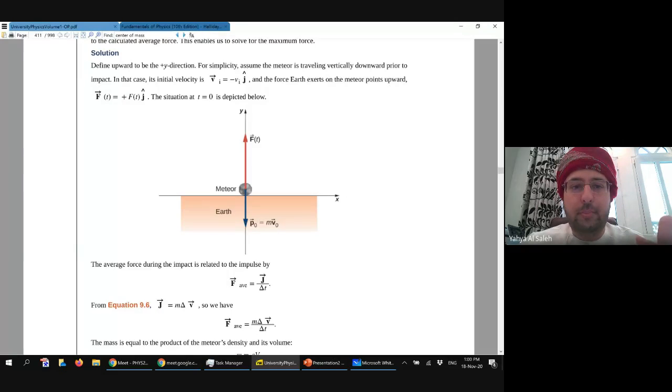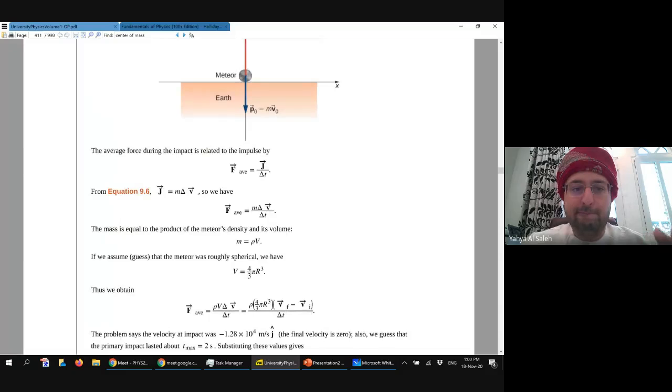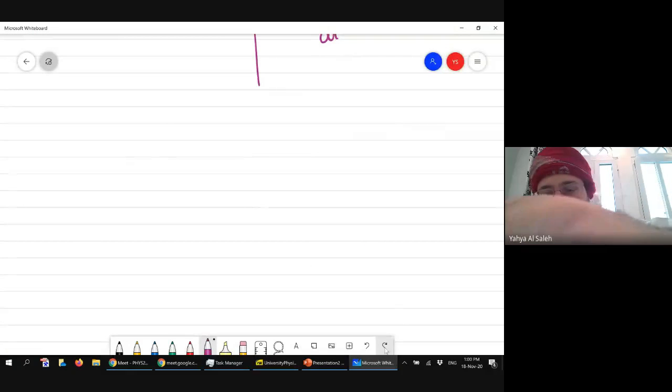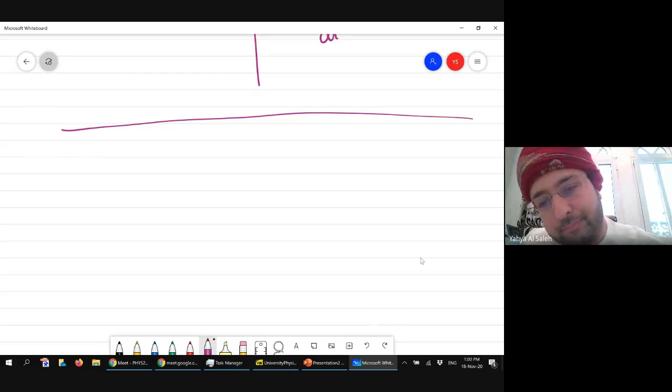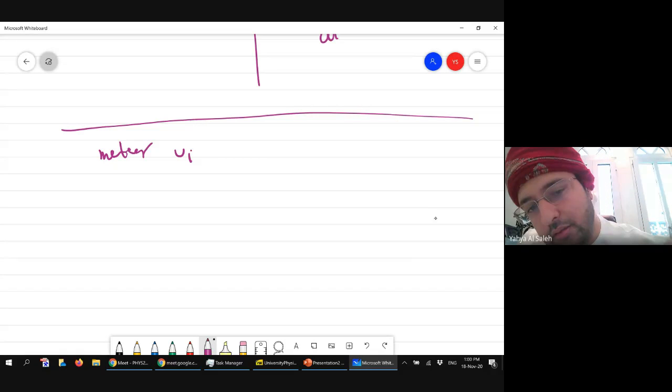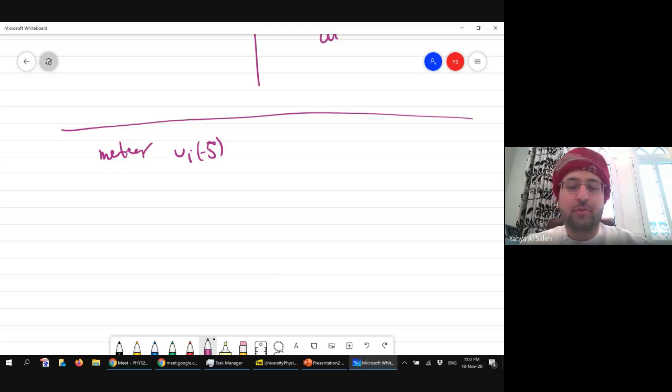What is my average force? I'll have the meteor's v_i in the minus j direction. This is all I know so far. I'll put in the numbers later.